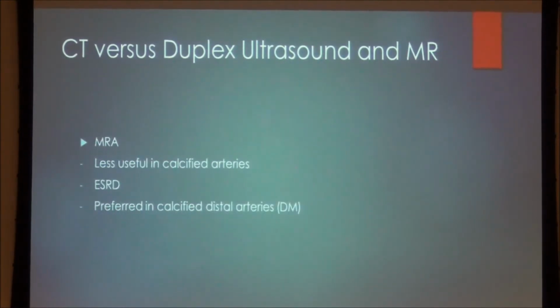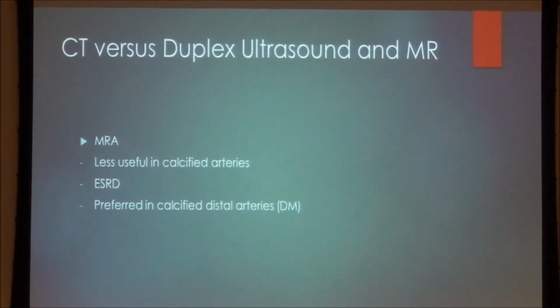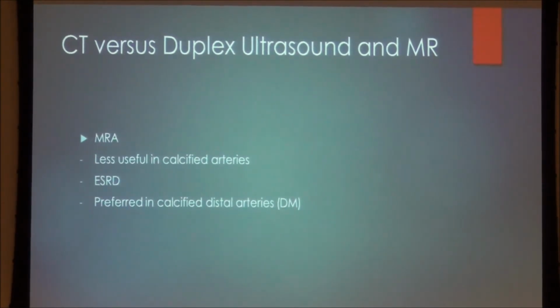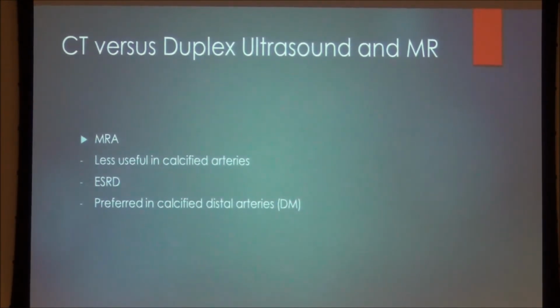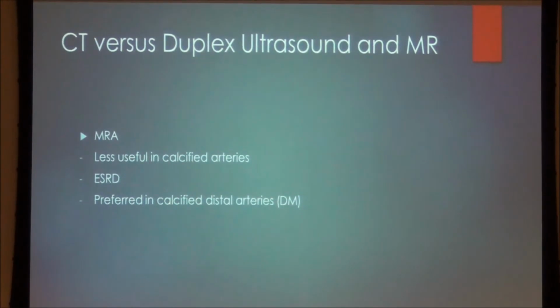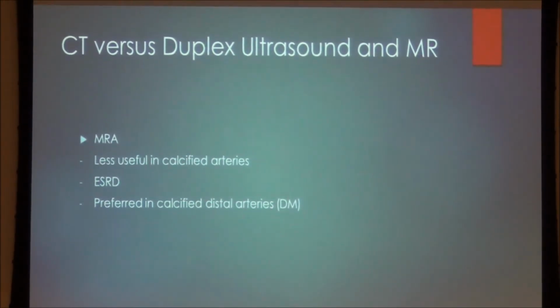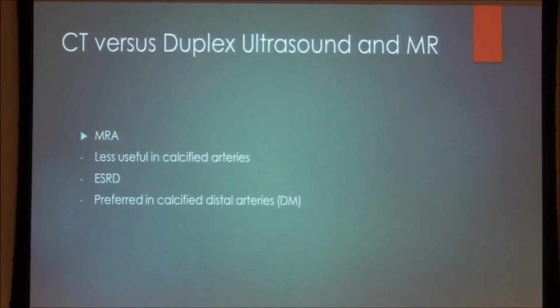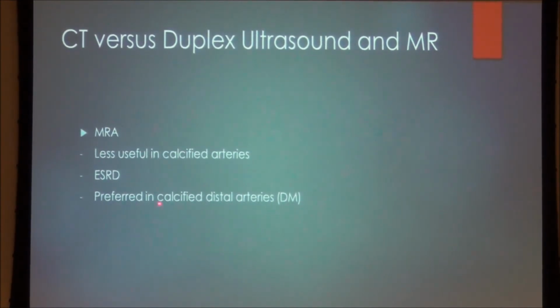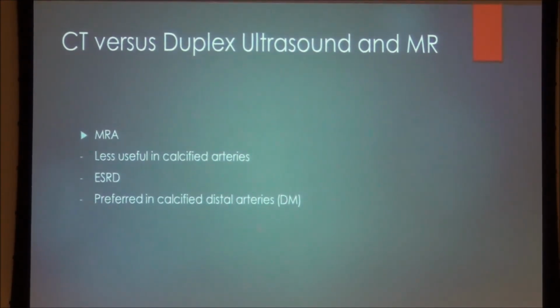Calcium and contrast will mix up. MRA is less useful in large calcified arteries. You can't do it in end-stage renal disease because you may get nephrogenic systemic fibrosis, a severe reaction to the gadolinium. But it is preferred in calcified distal arteries.